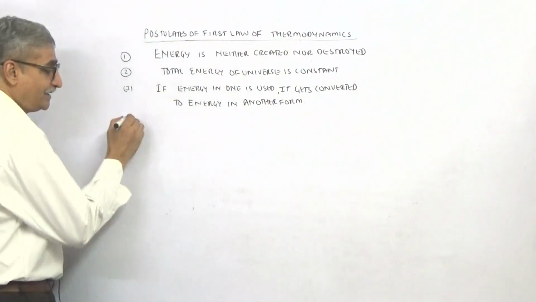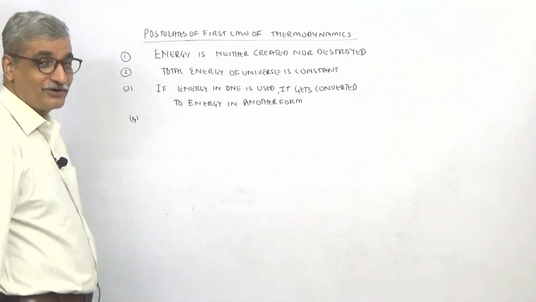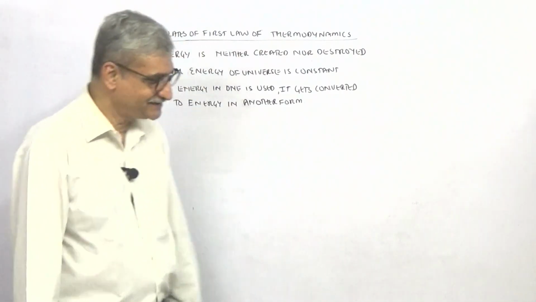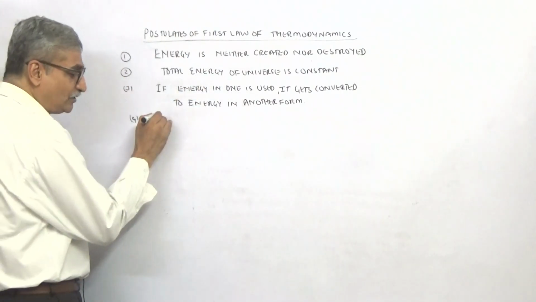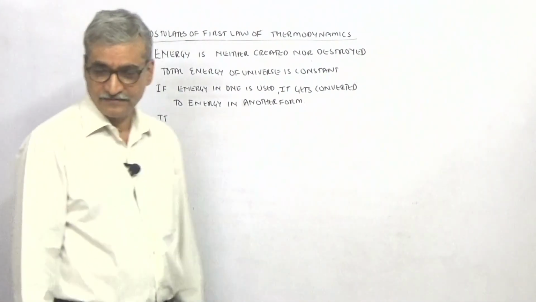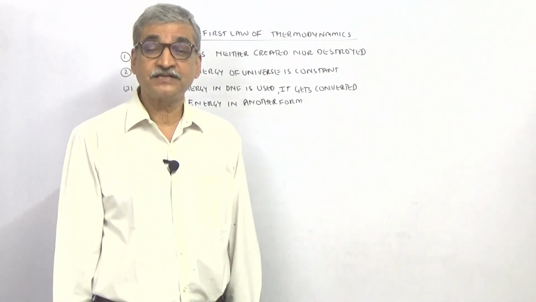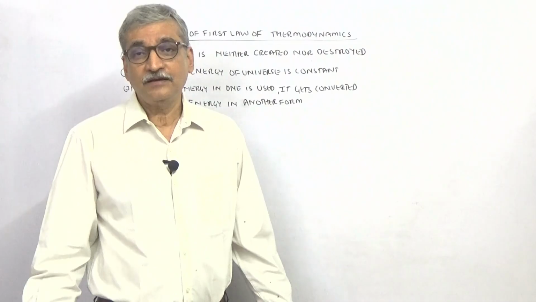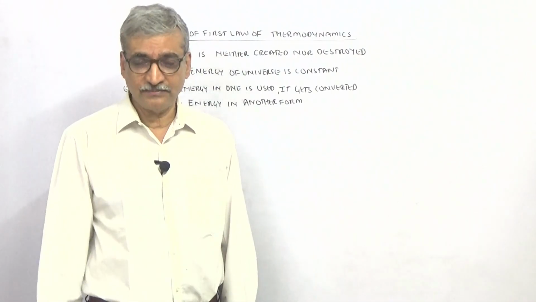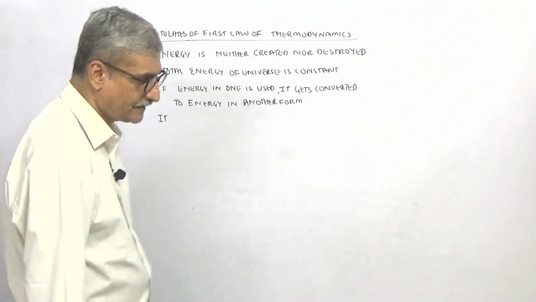Okay. Now the fourth, very good statement which people don't understand. See if this question is asked, it is impossible to make a perpetual motion machine is a statement of, the answer will be first law of thermodynamics. People will not understand. And what is a perpetual motion machine, we'll see.